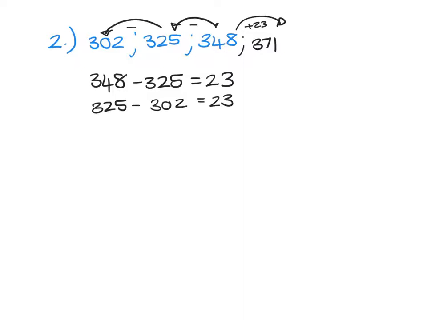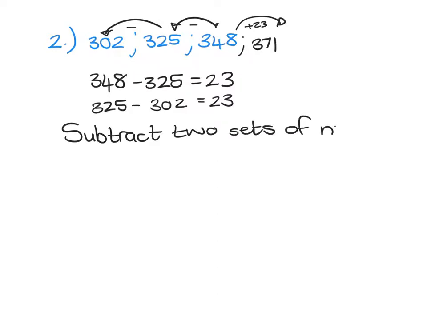So to summarize, what you need to do secondly is always subtract two sets of numbers from each other, and that will give you a constant difference if there is one.